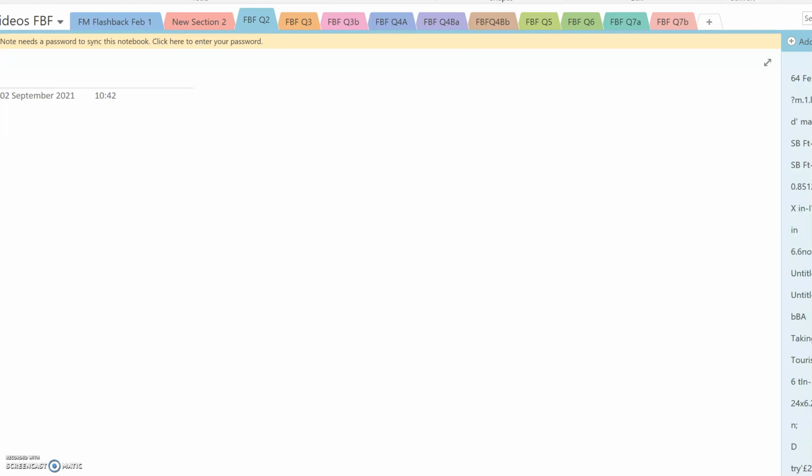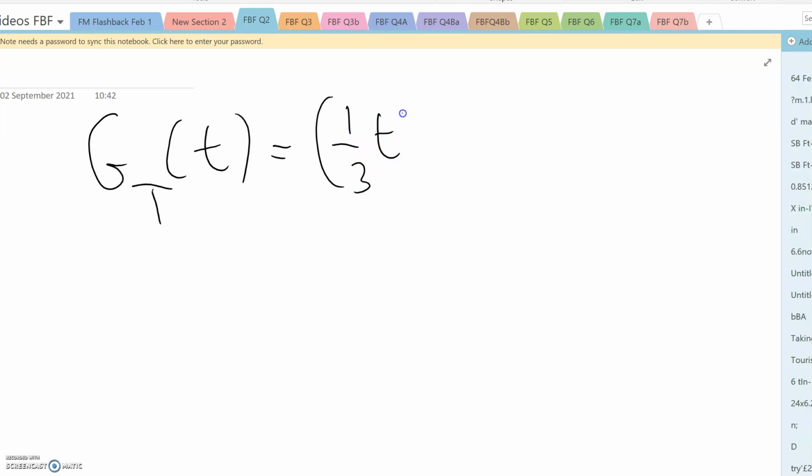And finally, the probability that T equals 8. Well, we go back to G_T(t), and that, as I say, is (1/3 t to the -1 plus 2/3 t squared) all to the power of 10. We've got to think about the expansion of that, and somewhere in that expansion is a term in t to the 8th.